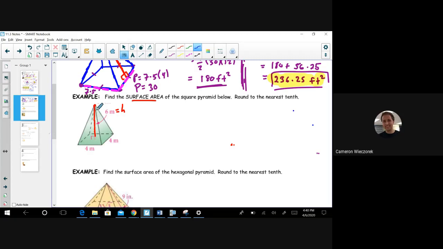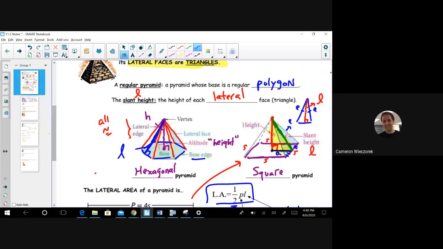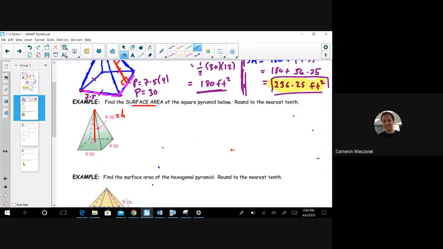First thing I'm going to do is draw that triangle that I referenced on the first page right here. This little one. Because I know I can make a nice right triangle out of that. I've already got the height labeled. I'm going to draw the center of the square on the bottom, and I'm going to draw that apothem in that goes to the midpoint of the base edge.